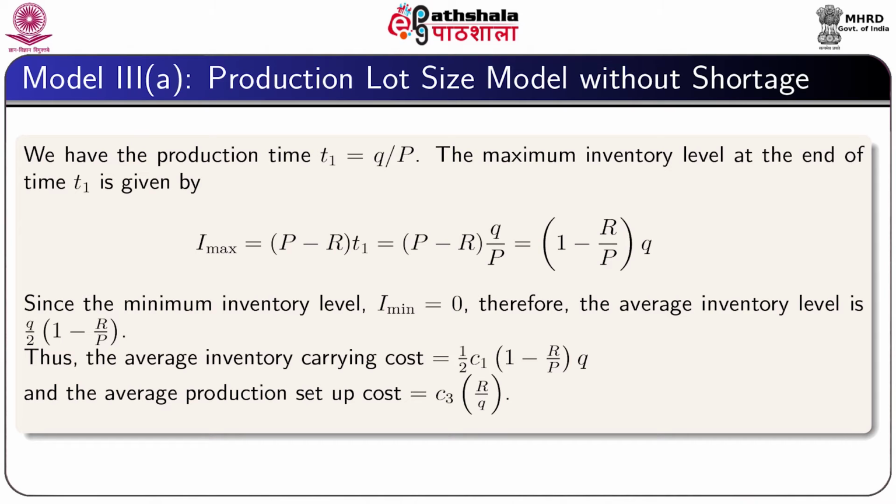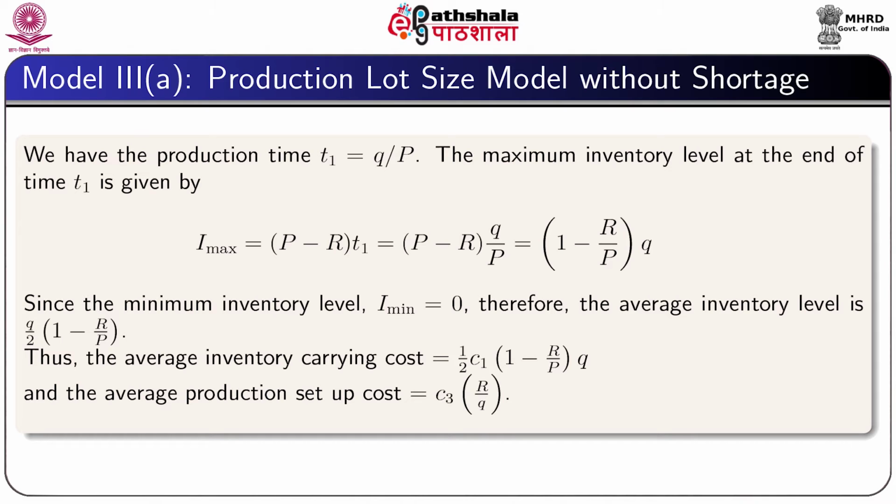We have T1 = Q/P, and the maximum inventory level reached at the end of time T1 is given by I_max = (P−R)·T1, which is equal to (1 − R/P)·Q.